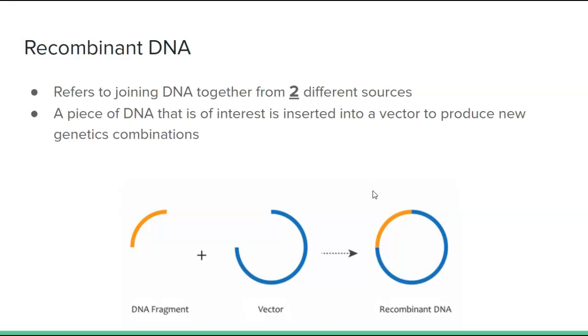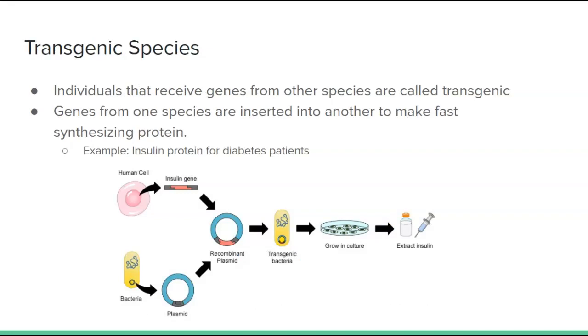There has to be a process, and step one of the process is making recombinant DNA to then put into the species that you want to change. And when you receive genes from another species, that species is now called transgenic, because it has a different set of genes.